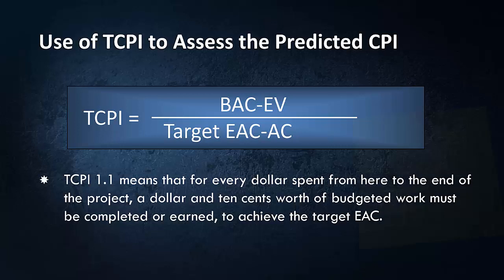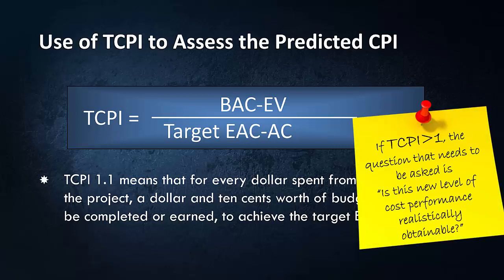So if my calculated TCPI is over 1, the question that we need to answer is whether this new level of cost performance is realistically obtainable. Because if TCPI is over 1, it means that we are projecting a very good performance for the remainder of the project.